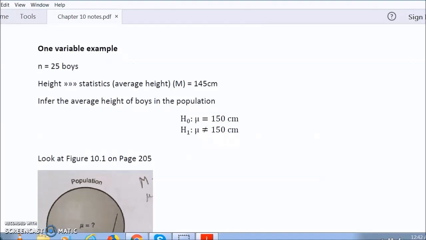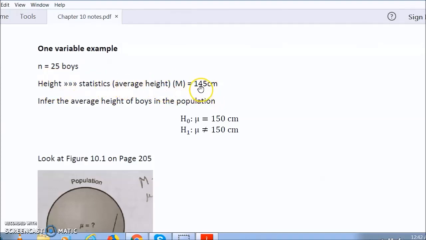So now, one variable example is, suppose N means the number. Small n denotes the number of people, or number of objects, or number of levels of data that you are collecting. So here your n is the number of people in the sample, that is your 25 boys, and you want to collect the height.